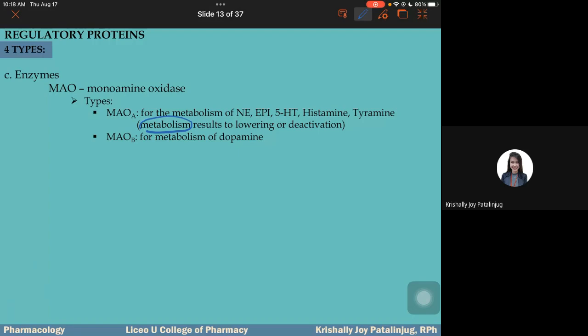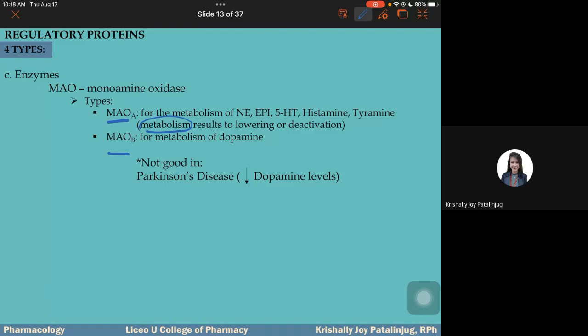Now, the functions of these enzymes are not good in some patients, particularly those patients with, for instance, Parkinson's disease. Because patients with Parkinson's disease, the underlying cause of the symptoms why they acquire symptoms related to involuntary muscle movements, it's because sobrang baba ang dopamine levels.